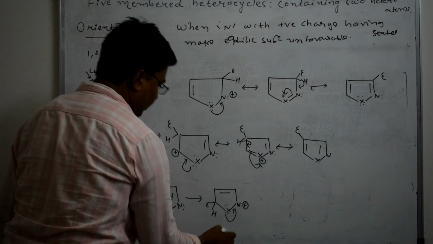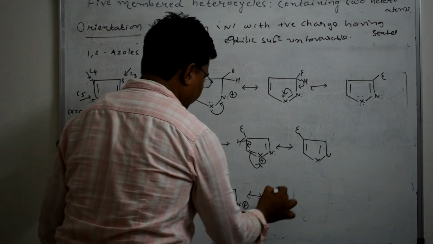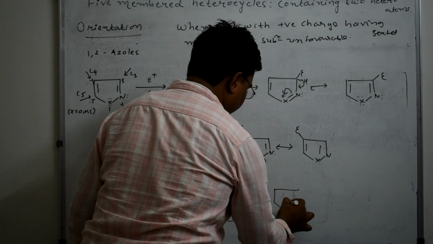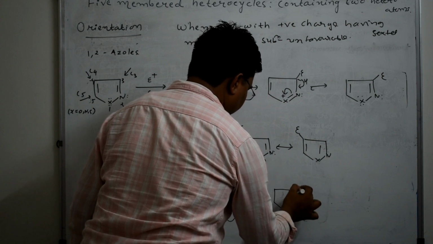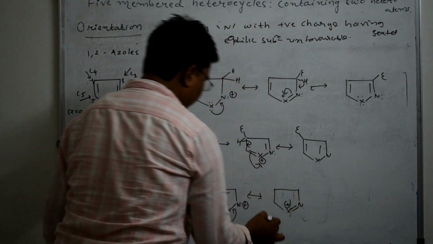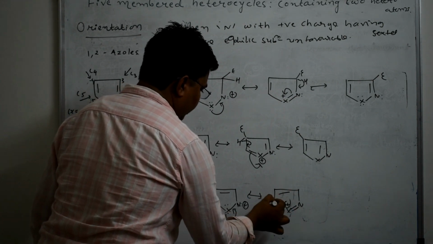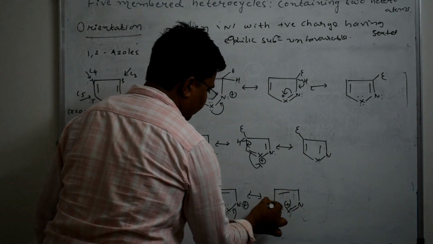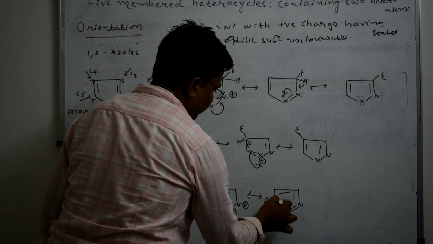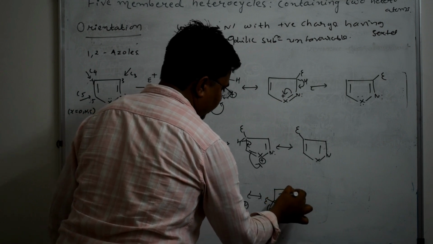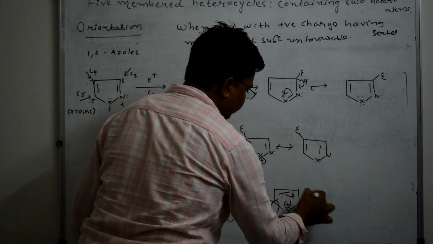This group will be transferred over here. So by transferring the electron pair, X will become electropositive, hydrogen will be eliminated, and you will get this resonating form.